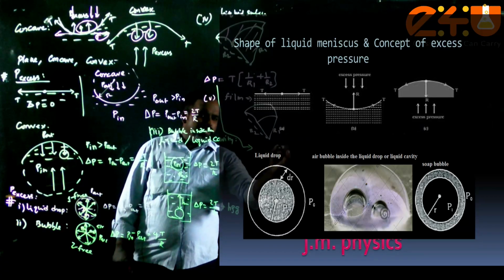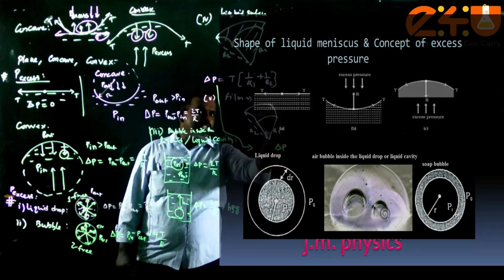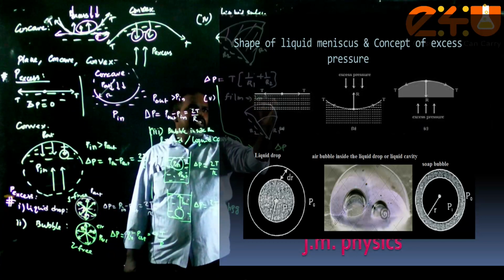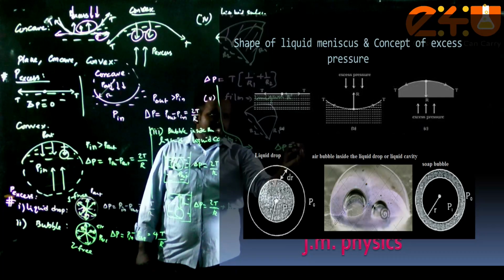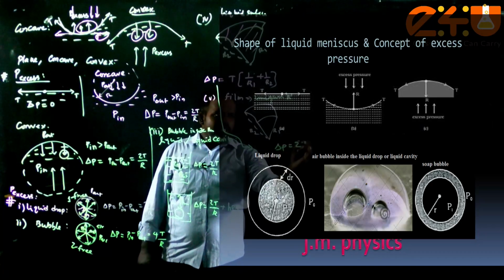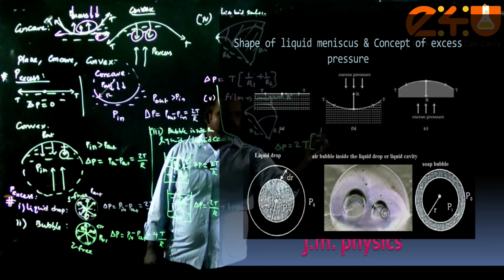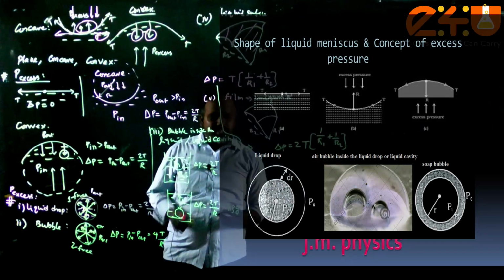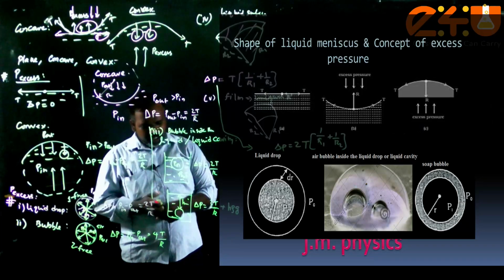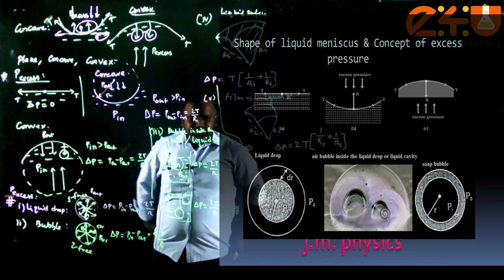Delta P in the case of a liquid film of unequal radii is 2 times this, therefore 2T into 1 by R1 plus 1 by R2.